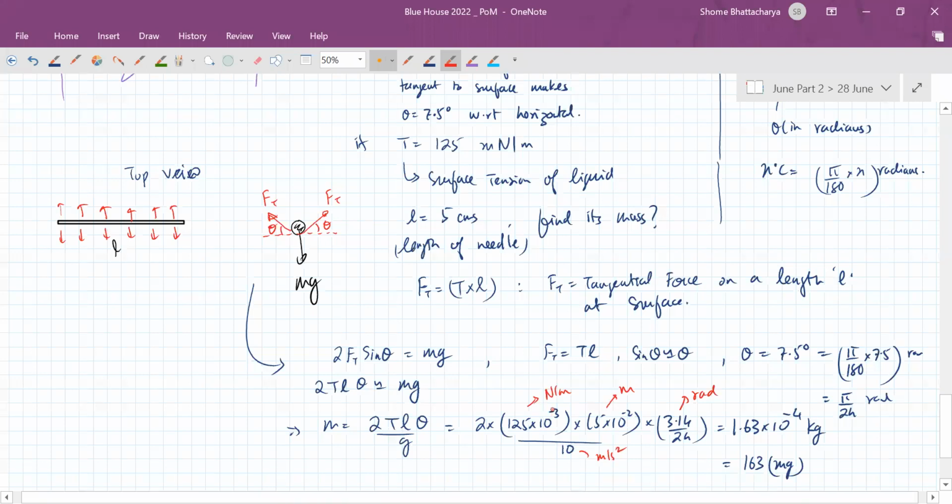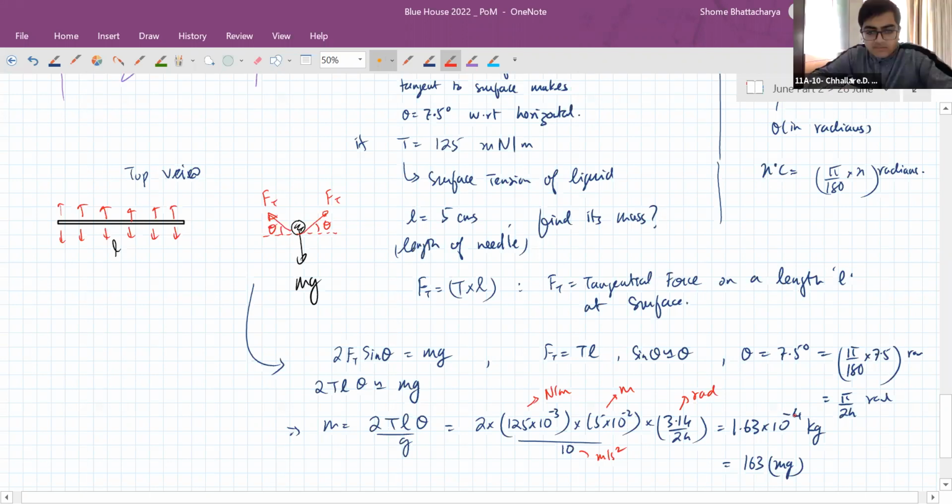So you'll see you'll get the answer in newton per meter per second square, which is kilograms. So they have neglected the sign of theta, right?